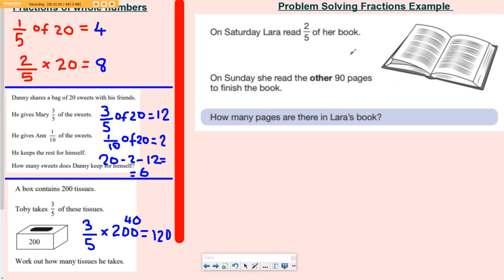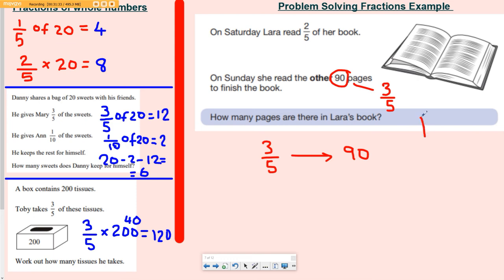So therefore this here represents 3/5 of Laura's book, because 2/5 she already read, 90 pages to go. So if we put 3/5, which gives you 90, in effect, this is what we've got.